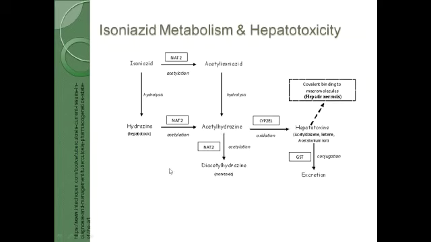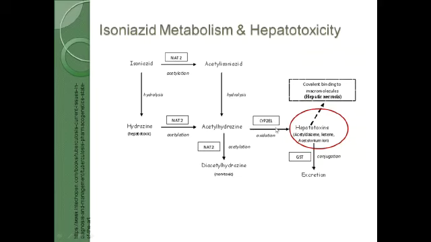Here you see the isoniazid metabolism and hepatotoxicity. Isoniazid is a drug used in the treatment of tuberculosis. Isoniazid is acetylated by NAT2 to acetyl isoniazid and then by hydrolysis converted to acetyl hydrazine. When it is converted by acetylation to diacetyl hydrazine, this metabolite is non-toxic.